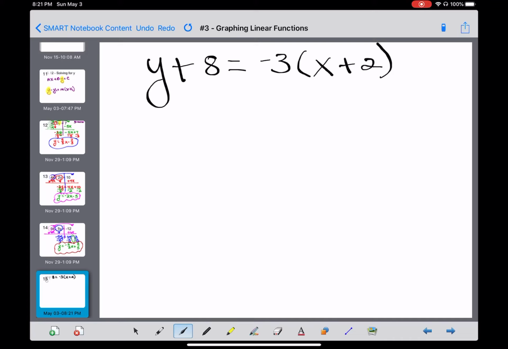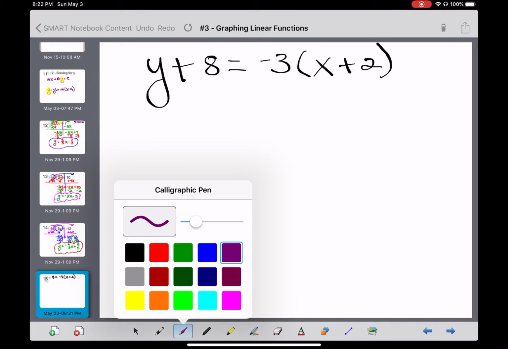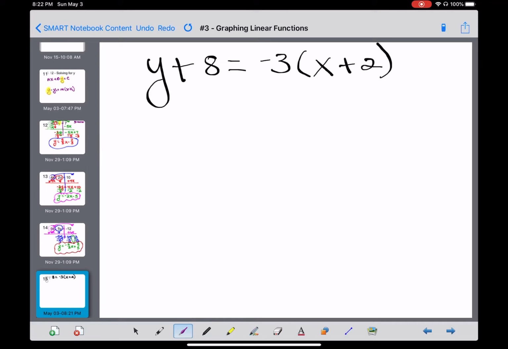Well, what we learned from PEMDAS is that whenever you see a set of parentheses, you're always going to distribute. So I'm going to distribute the negative 3 to the x. So that would give me negative 3x. And I'm going to distribute the negative 3 to the 2. And that's going to give me minus 6.